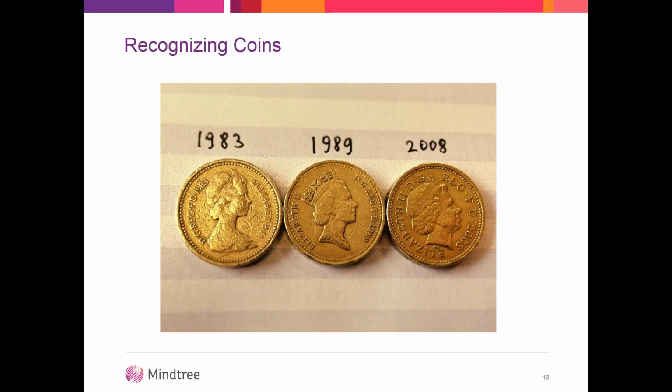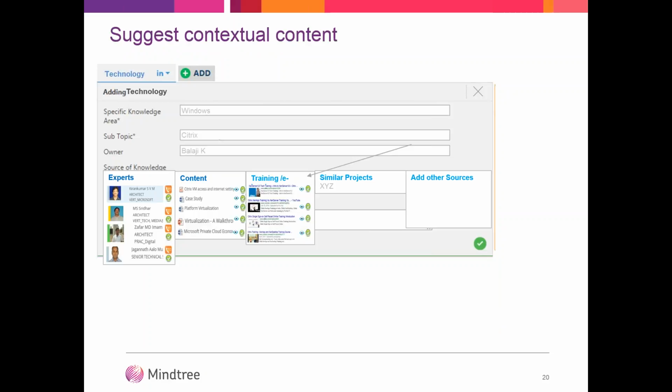So this is where we've spent some time exploring how we can provide contextual content to people, based on the 4 W's, based on what the user is doing. We provide small bites of content rather than big bites of learning, and they consume it in a very contextual way.